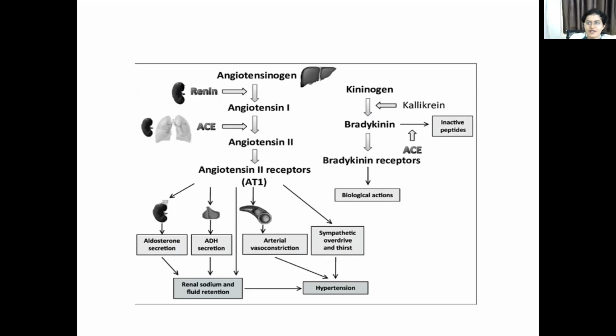So what happens is whenever there is a decrease in the blood volume, it causes secretion of angiotensinogen. This angiotensinogen, with the help of renin hormone, which is secreted by the juxtaglomerular cells of the kidney, is converted to angiotensin 1.